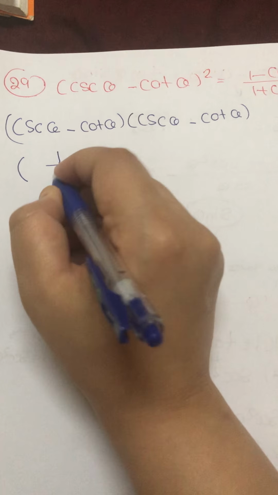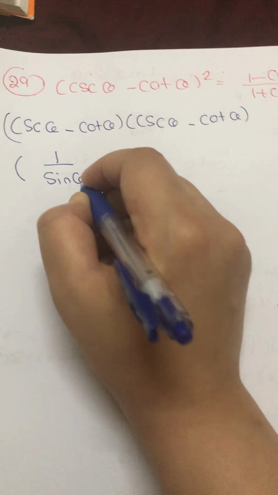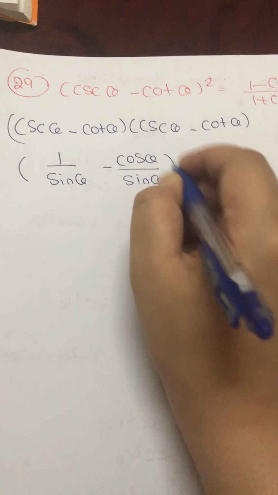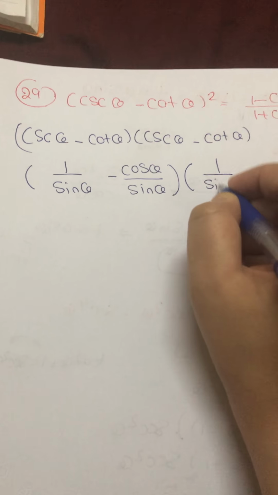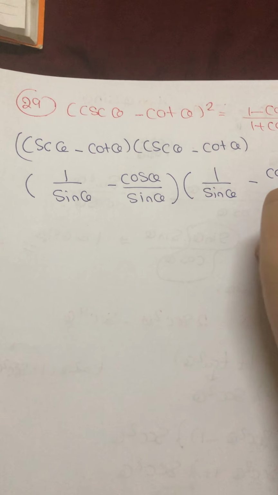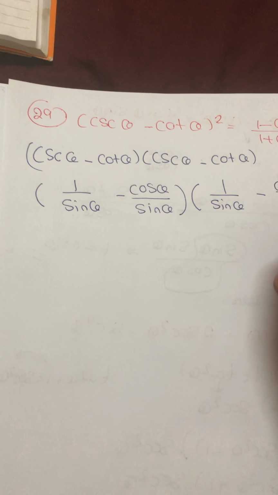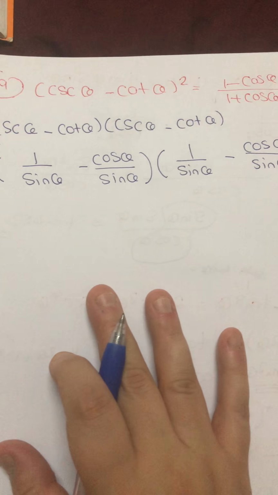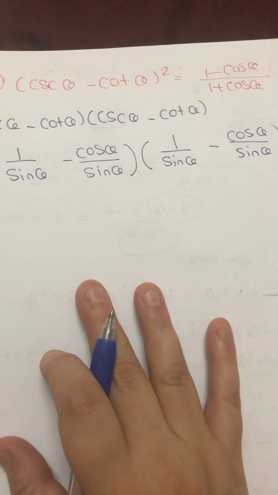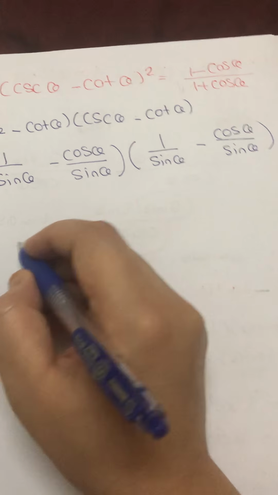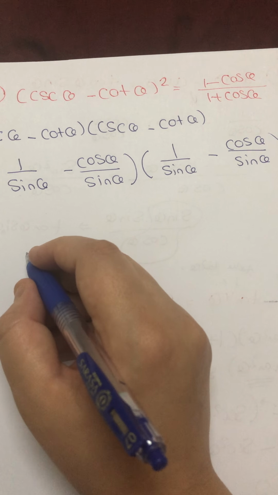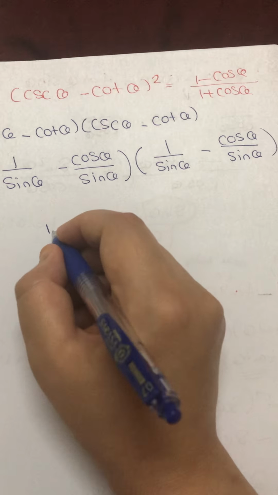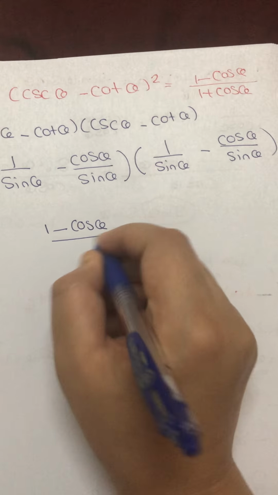So here this can be changed to 1 over sine theta minus cosine theta over sine theta, and this is also 1 over sine theta minus cosine theta over sine theta, or two of them. Anyways, I can directly from here say that I have 2 of those. So now I have over here 1 minus cosine theta over sine theta.